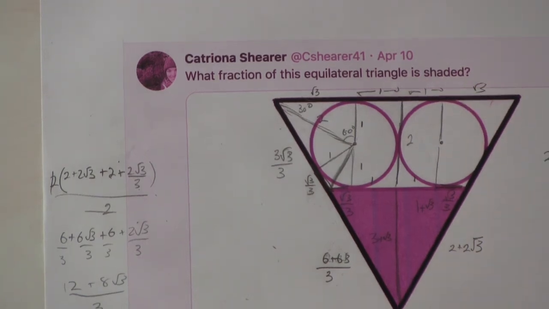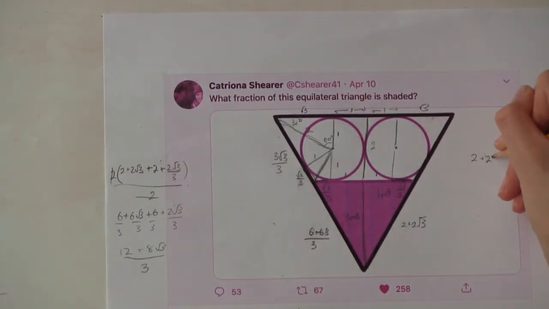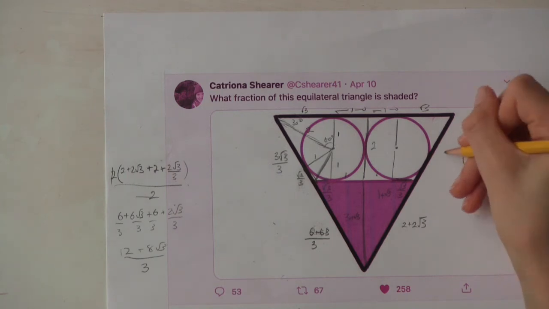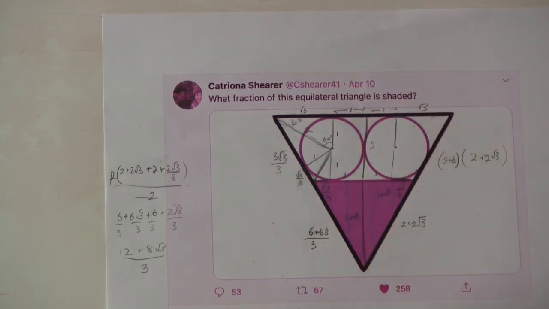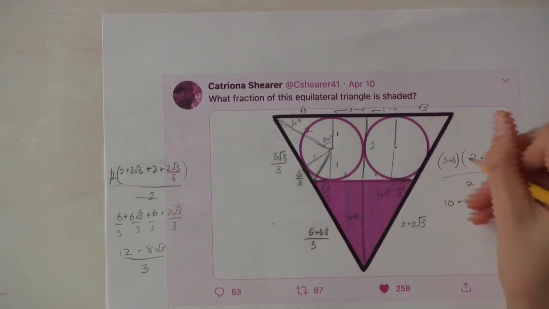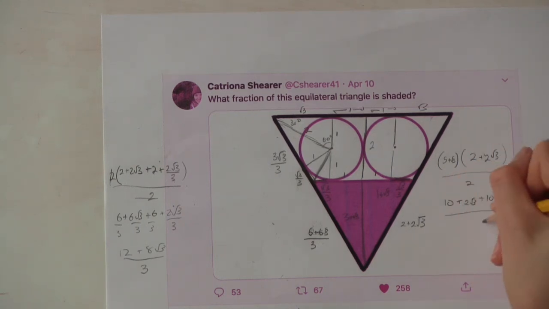Here, we know it's 2 plus 2 root 3. We have to multiply that by the height, which is 5 plus root 3, and then divide by 2. That gives 10 plus 2 root 3 plus 10 root 3 plus 6, all over 2.